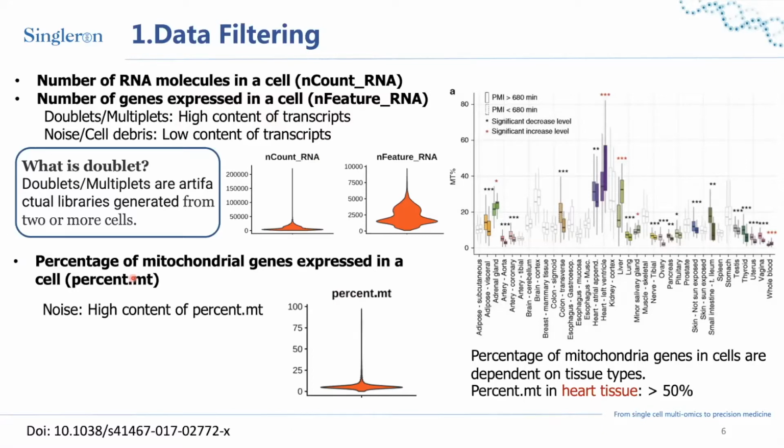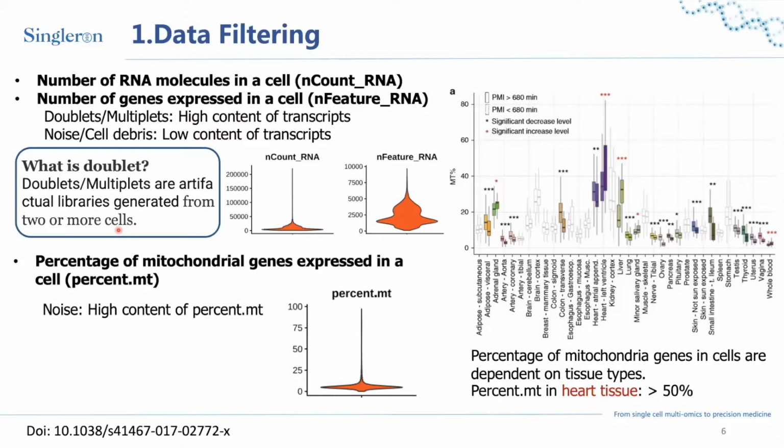Basically, cells with very high RNA content tend to be doublets or multiplets, and doublets and multiplets are artifactual libraries generated from two or more cells. If it is a droplet-based technology like 10x, two cells may flow into one droplet and form a doublet.